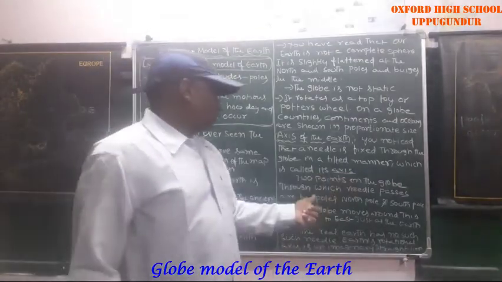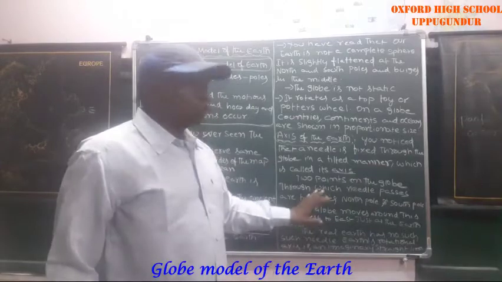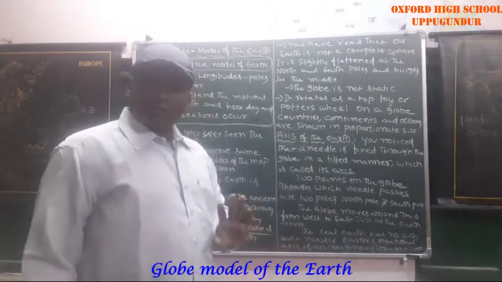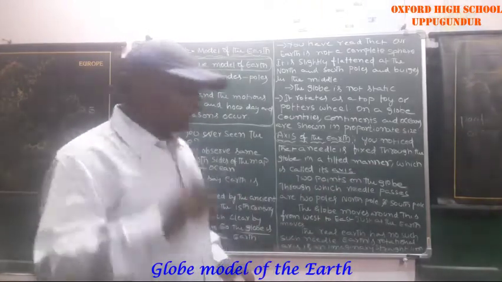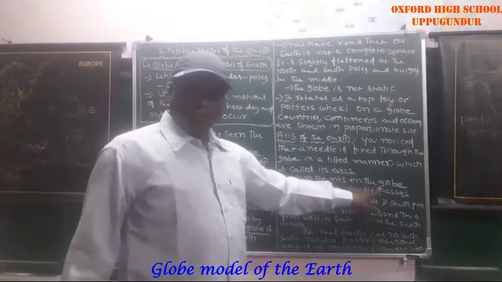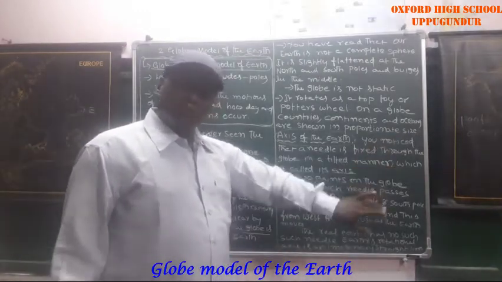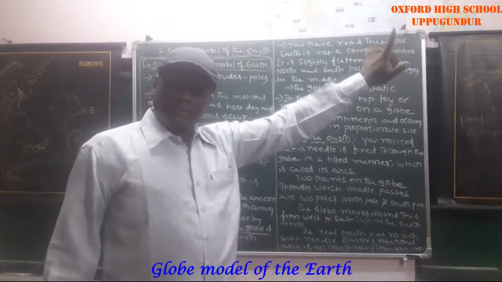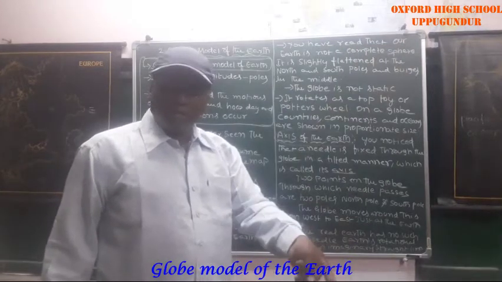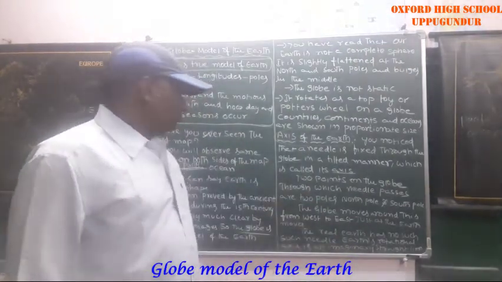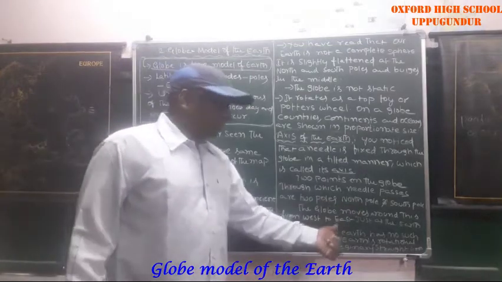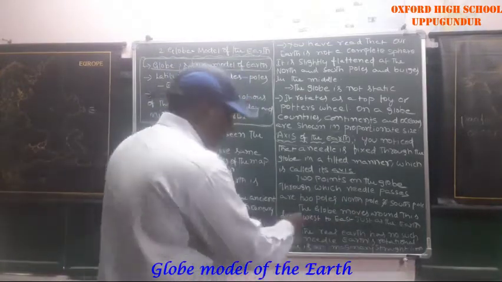The two points on the globe through which the needle passes are the two poles. One is the North Pole and the other the South Pole. Now, very very important. The north point is called the North Pole, the south point is called the South Pole. The globe moves around this from west to east direction. Very very important.